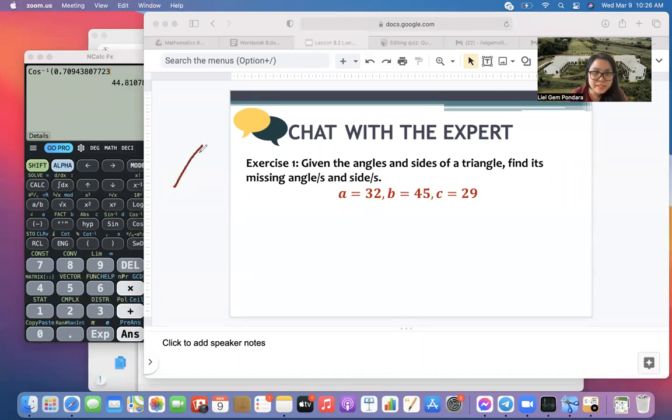Let's draw it here. A, B, and C. The opposite of angle A is side A. The opposite of angle B is side B. The opposite of angle C is side C. So we can start with an angle. Okay, let's solve for angle A.